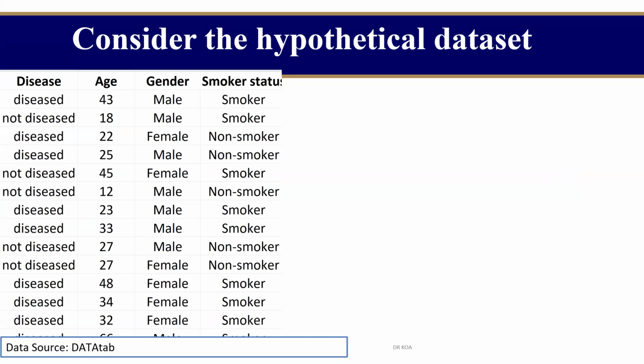The third person is diseased, 22 years old, female, a non-smoker. The next person is diseased, 25 years old, male, non-smoker. The next person is not diseased, 45 years old, female, smoker.